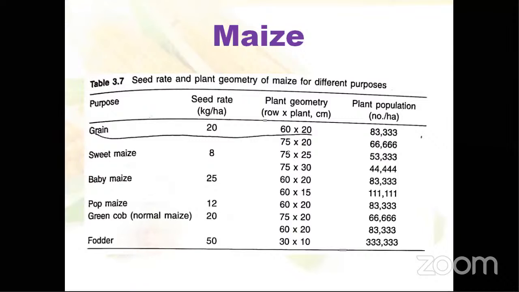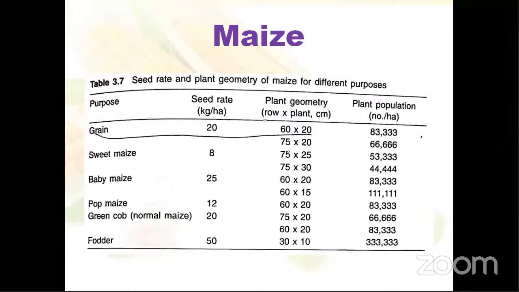Seed rate for sweet corn is 8 kgs. Baby corn is 25 kgs. For sweet corn, our spacing is 70 into 20 or 70 into 25. Sorry, 70 into 25 or 70 into 30. For baby corn, 60 into 20 or 60 into 15. Seed rate is 15. Coming to popcorn, you have to go with 16 to 20 centimeter spacing.